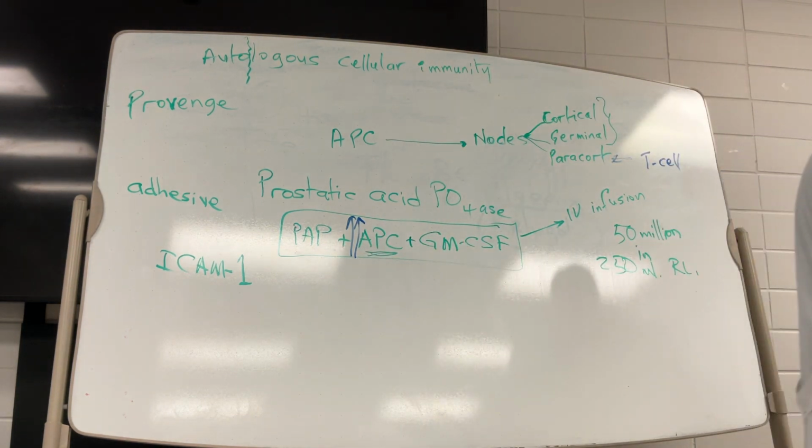You will get an increase in the number of T cells that will be produced. You will get an increase in the migration or the movement of those T cells towards the cancer cell itself. So all of those will be increased.